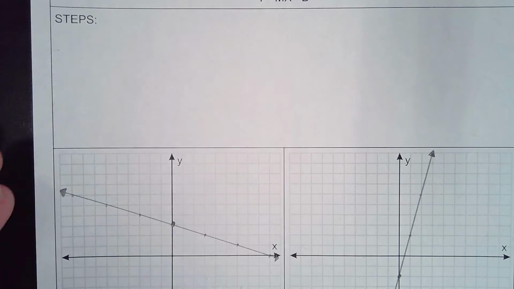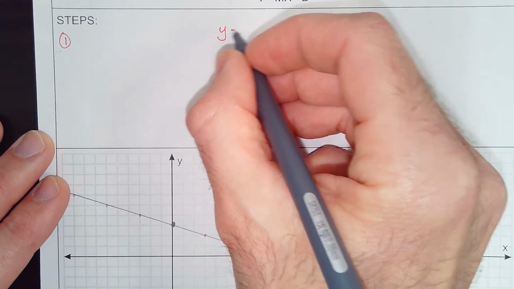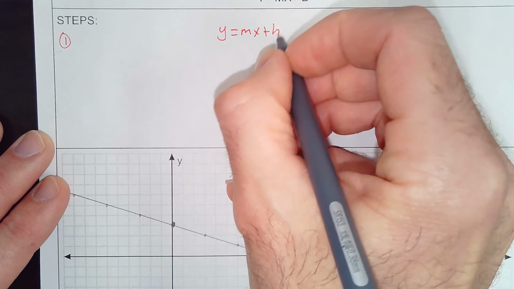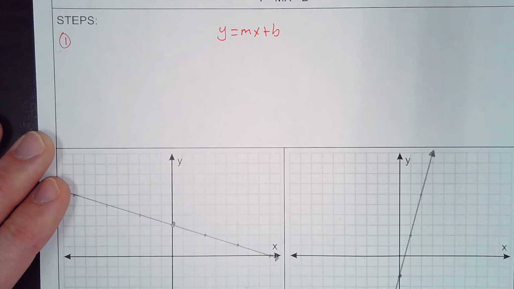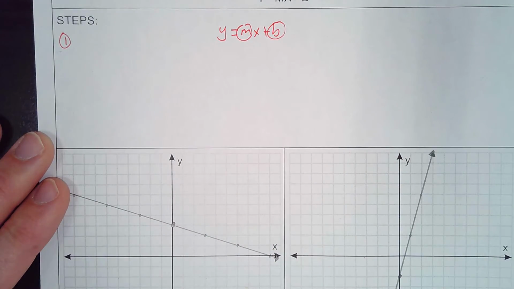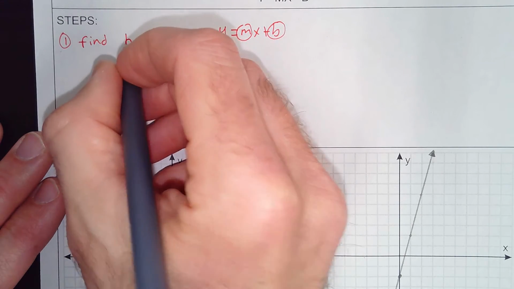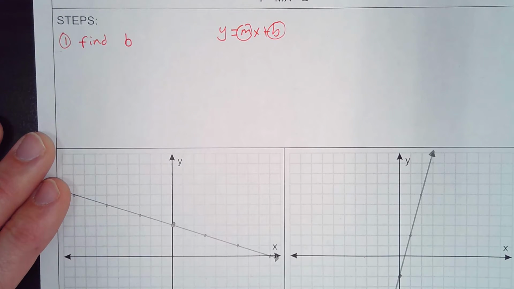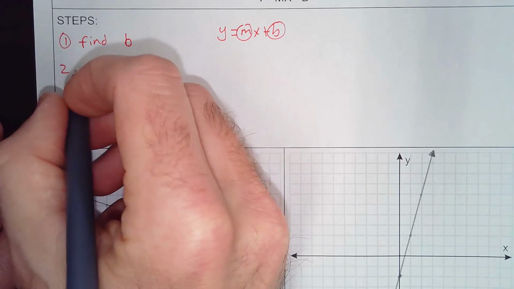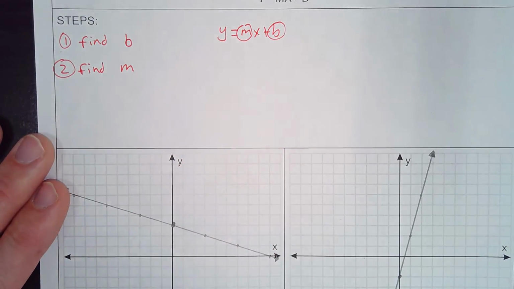So our first step is going to be, first of all, we need to remember our equation that we're always working with, y equals mx plus b. So we're going to find our m and our b. Our first step is find b. Our second step, find m.